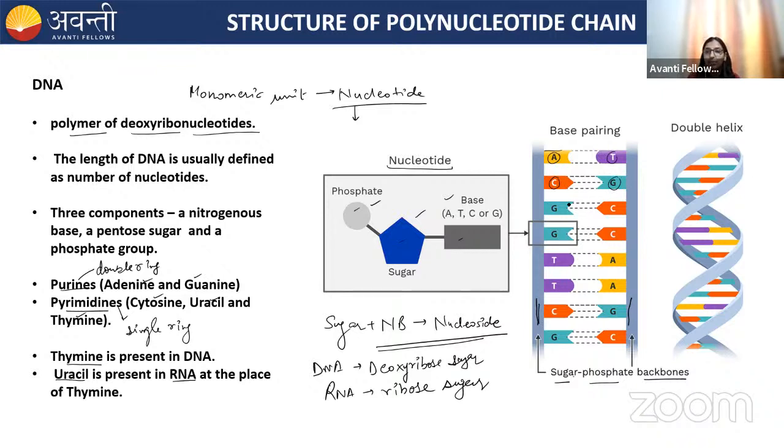Always remember the proportion of purine and pyrimidine is equal or constant in the DNA structure. That is why you can see a uniformity in the distance between the two strands of the DNA, because the proportion of purine and pyrimidine is constant.